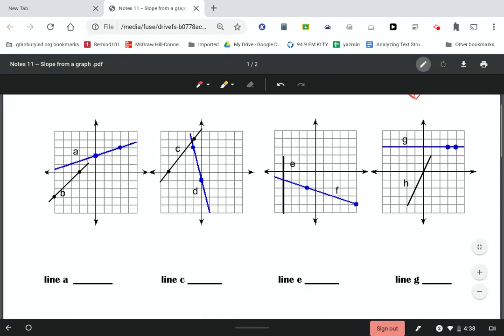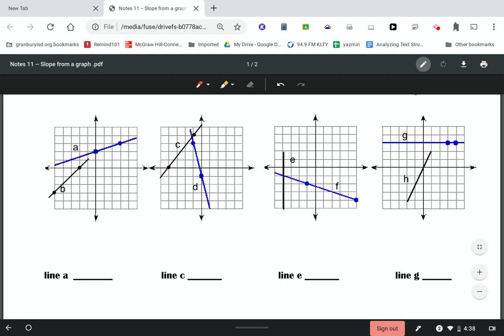So let's go ahead and take a look at line A here. All we're going to do is start at a point. It doesn't matter which point. I'm just going to start at the bottom one, and I'm going to rise 1 unit and then run 1, 2, 3 units. So that would give me a slope of 1/3.